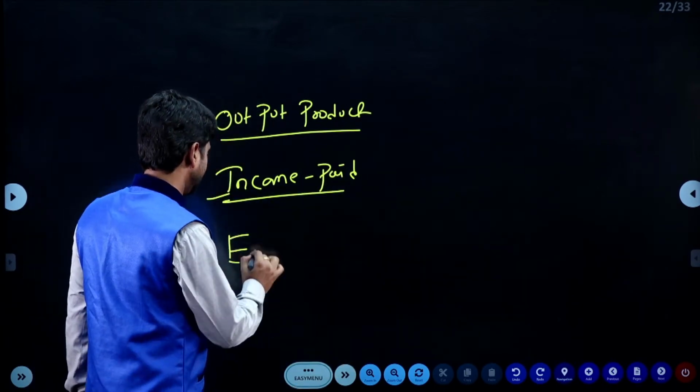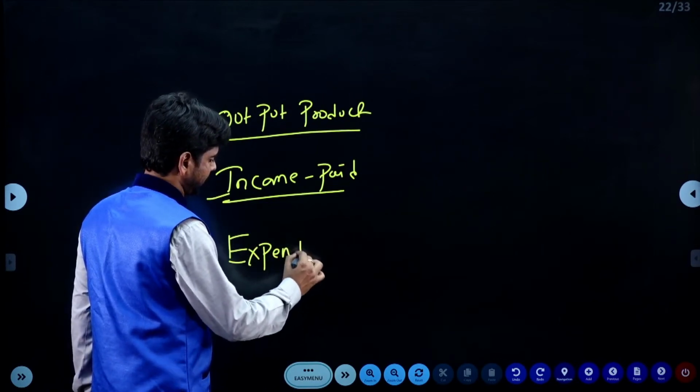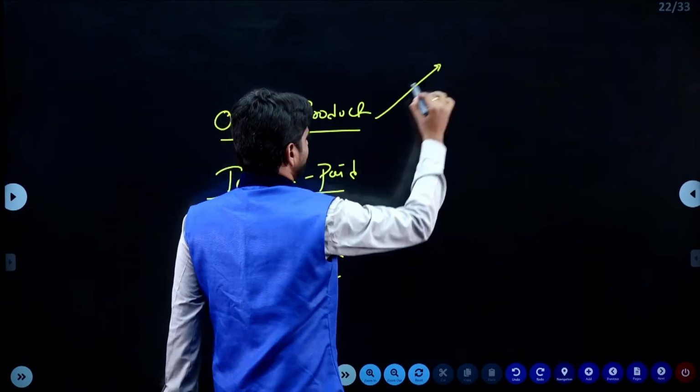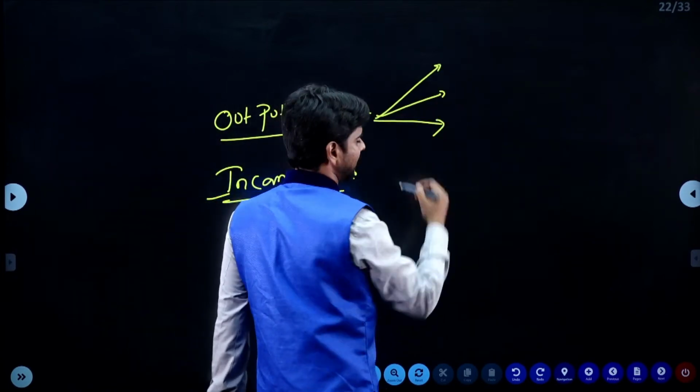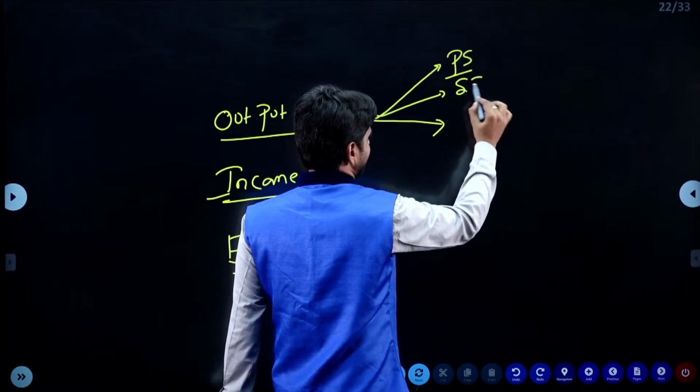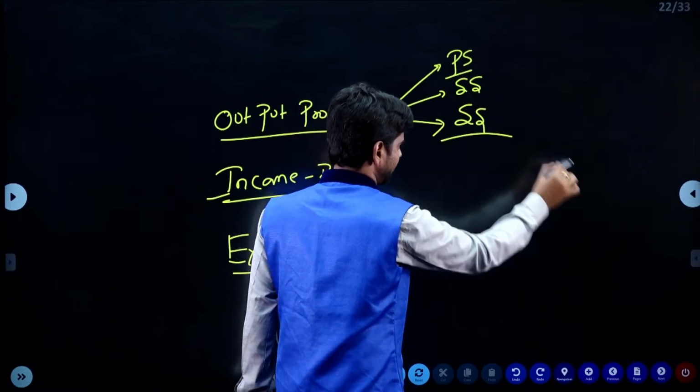And finally, the third one is the expenditure method. In the output product method, we measure the value of the final goods and services from the primary sector, secondary sector and the service sector.